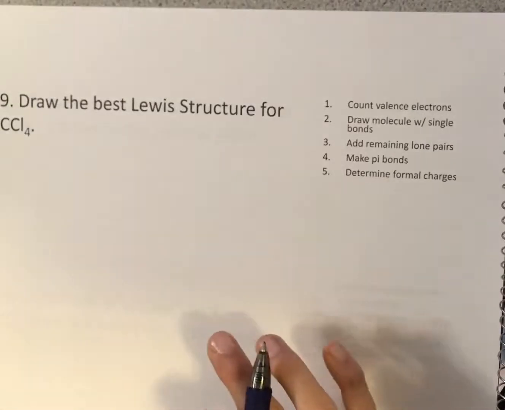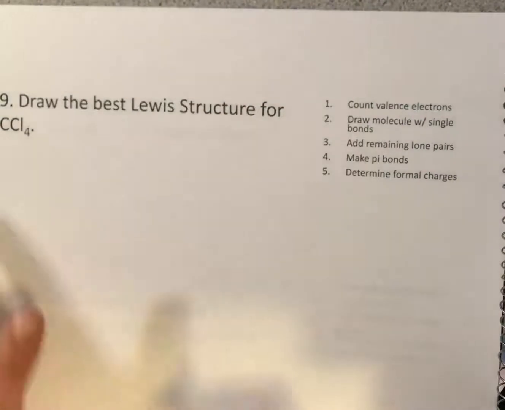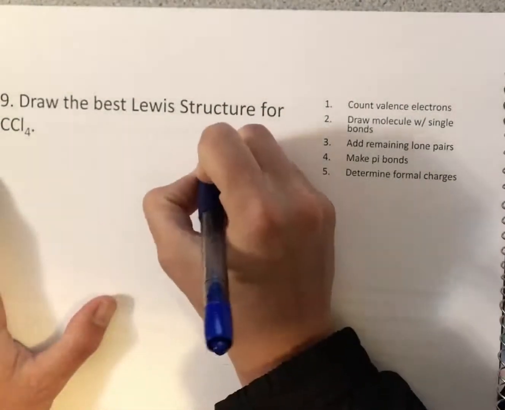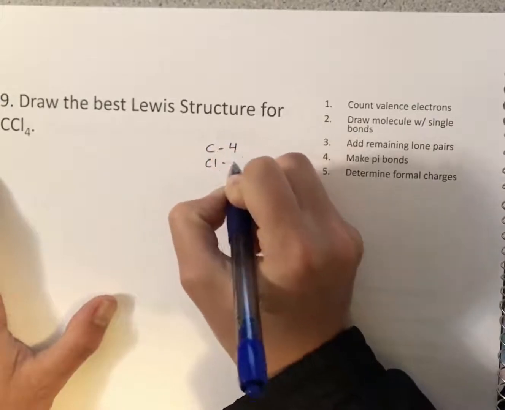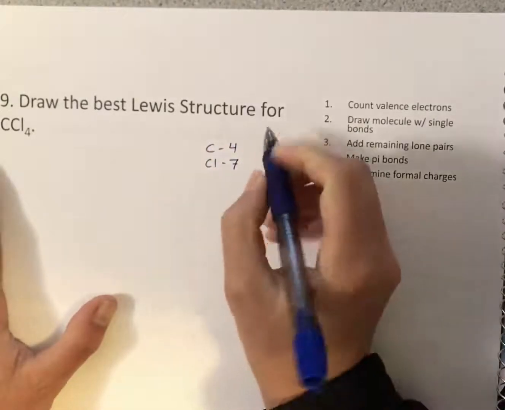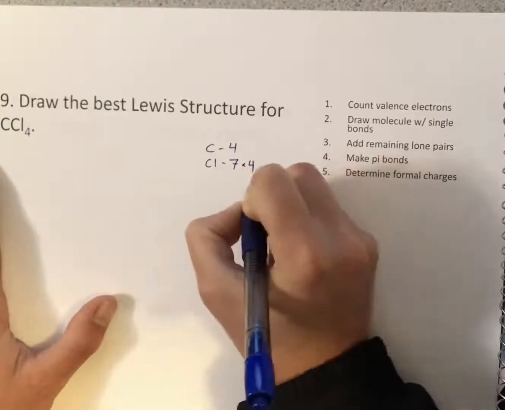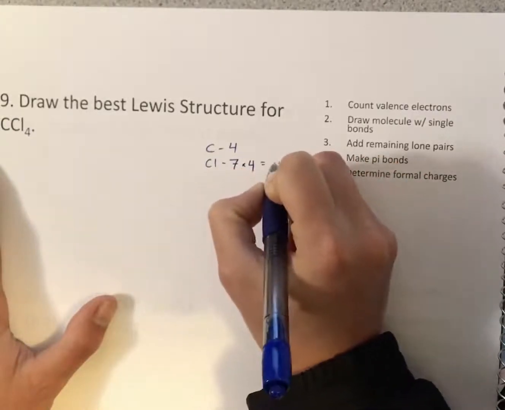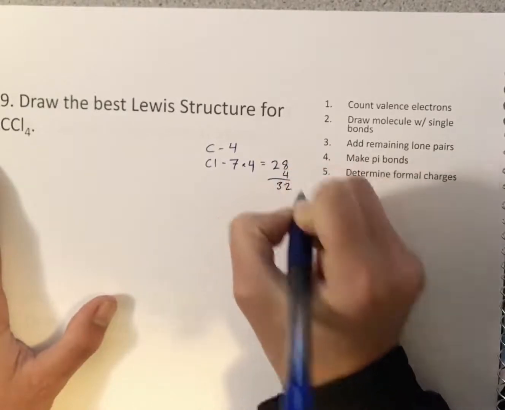Okay, now a much easier one. This one is CCl4. Carbon is 4, and Cl is 7 times 4. The toughest part of this problem is the math, at least if you're doing it in your head like I am.